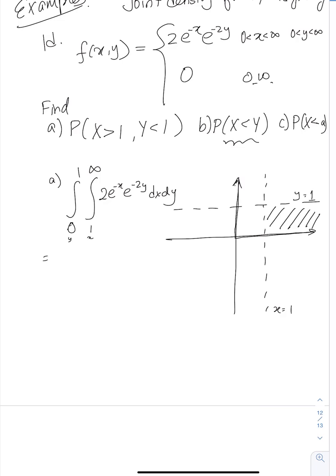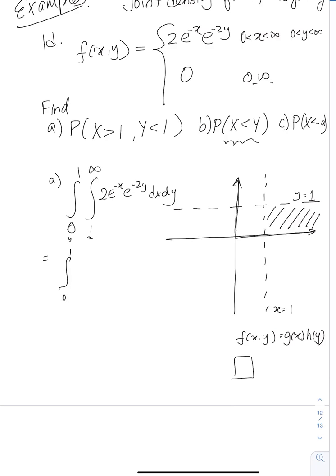The region is a rectangle in R2. It's an infinite rectangle, and the function is a product of 2. You remember when you did Calc 3, if you had a function f of x, y which was g of x times h of y, and the region you're integrating over was a rectangle, then you can just separate the two integrals.